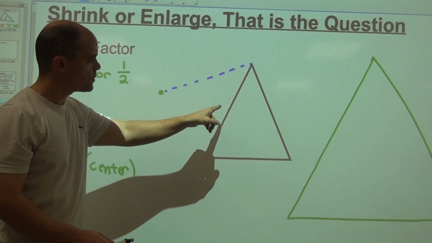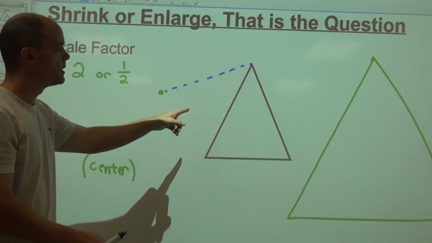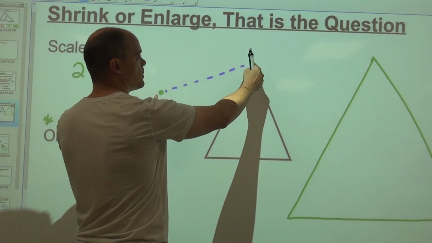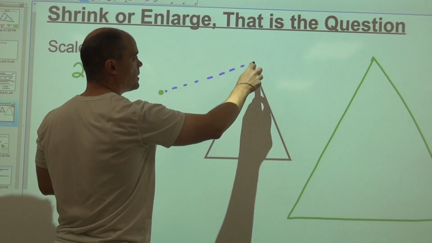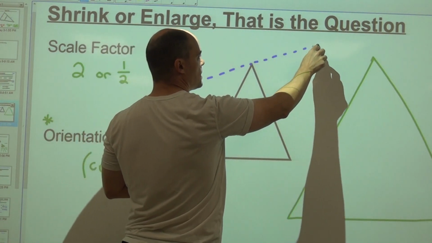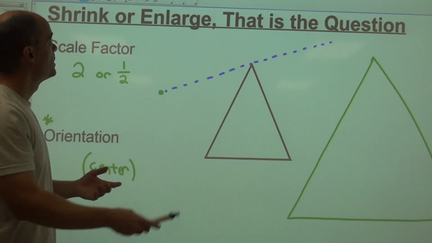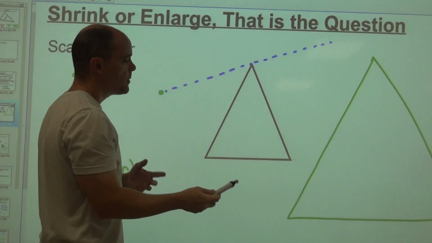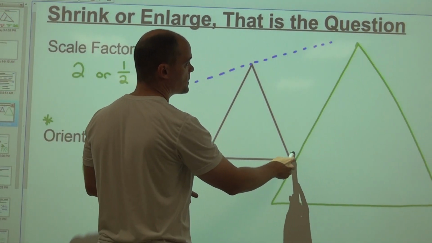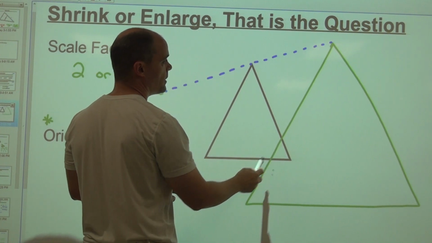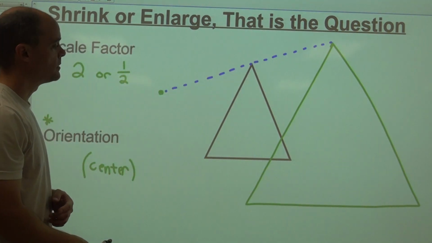If I want this triangle to be twice as big, then I need to zoom out twice as far, and I need to double this distance. Now I'm just completely eyeballing this, but that will automatically double the size of every other distance in this triangle.